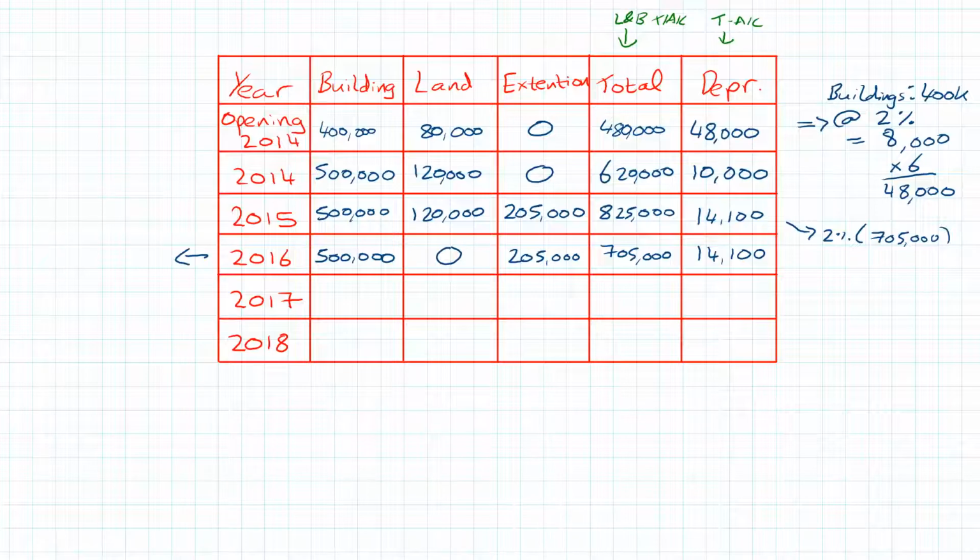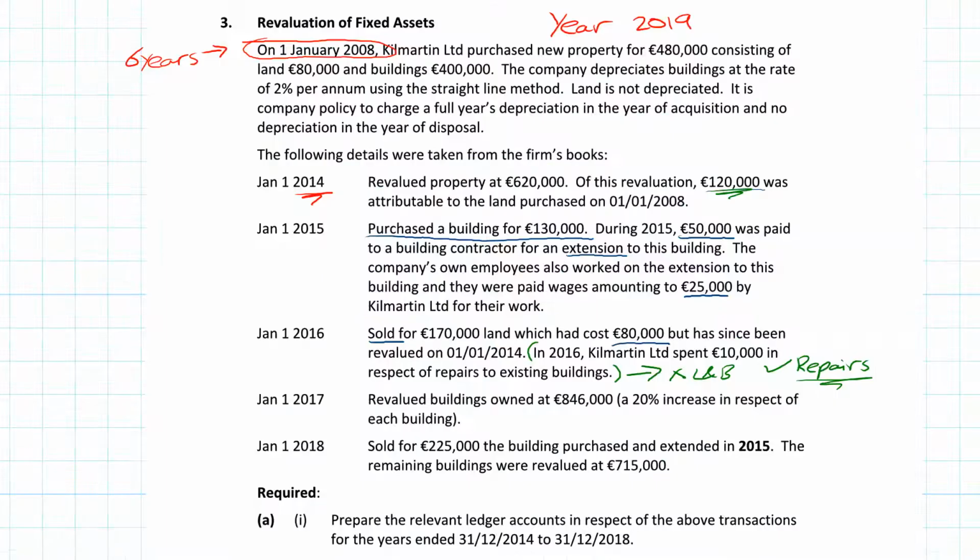And we'll just make a note. So sometimes it's worth making a note about repairs or anything that we come across, 10,000. So that's just making me know, okay, I need to do a repairs account. As well as that, we have a disposal for 2016. So they're all the things that we need to be careful of when we're doing this 2016, this year.